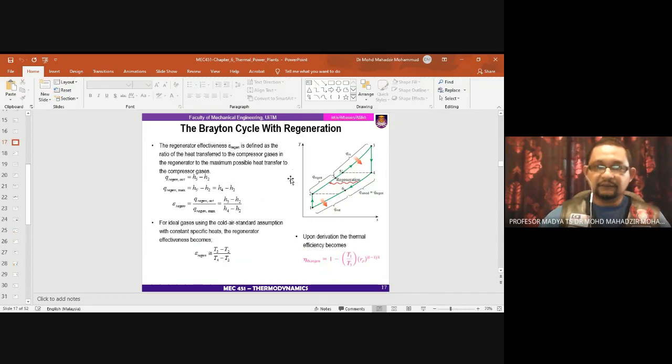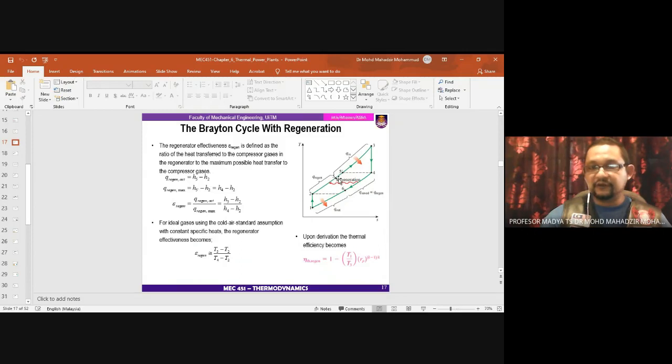The effectiveness of this regeneration modification is based on the symbol epsilon regen. What is the regenerator effectiveness? Based on this TS diagram, the actual heat regenerated comes from the formula enthalpy 5 minus enthalpy 2.